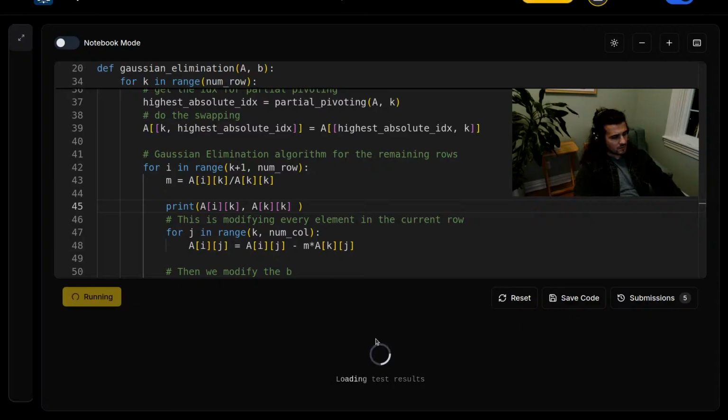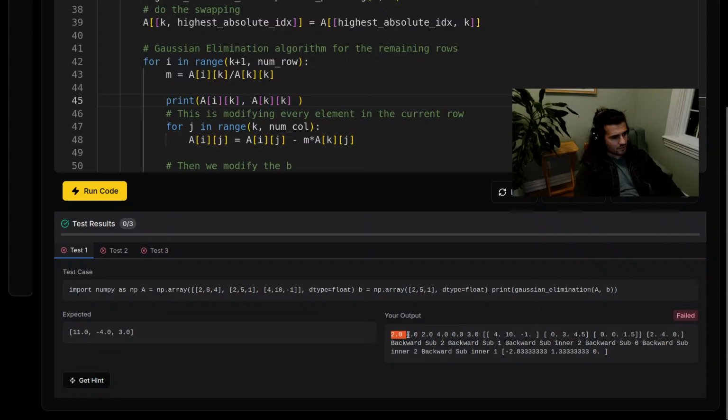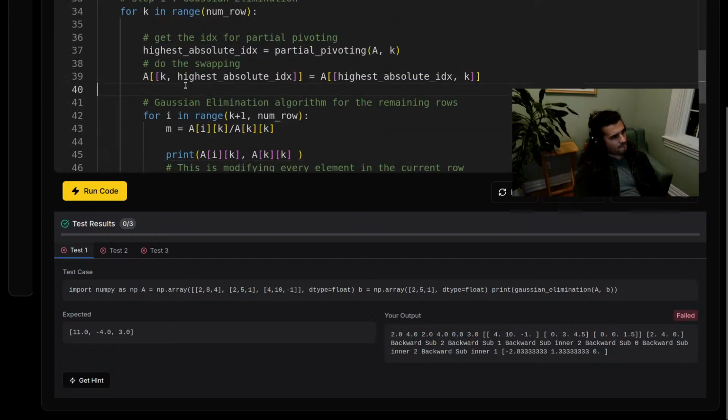Okay, so what do we have? We have 2.0, 4.0, 2.0, 4.0, and 0.0, 3.0. But what? How can we have that? Okay, wait.